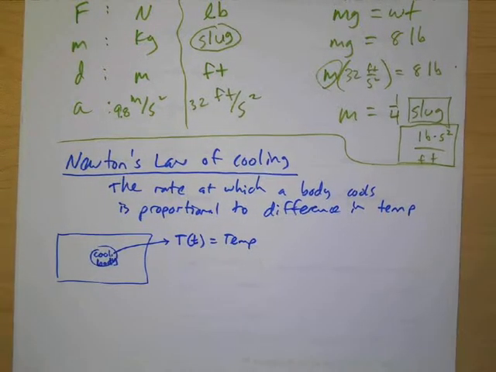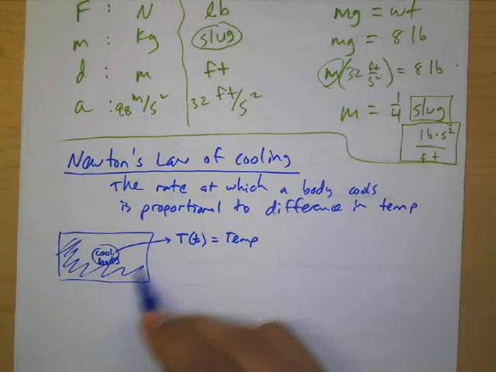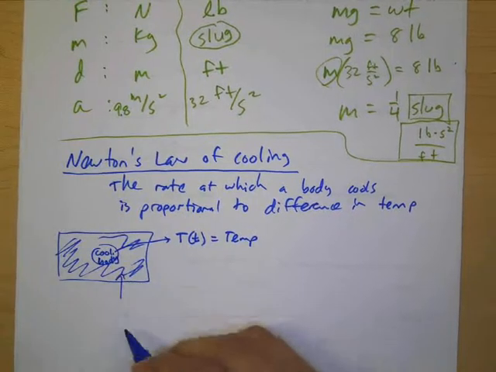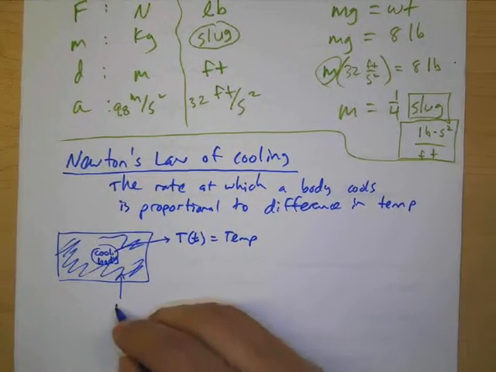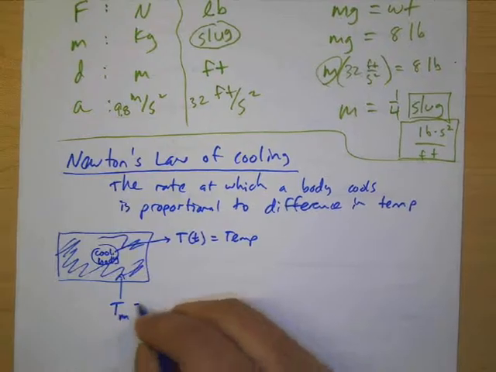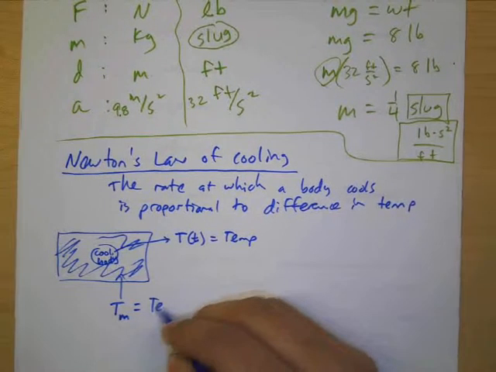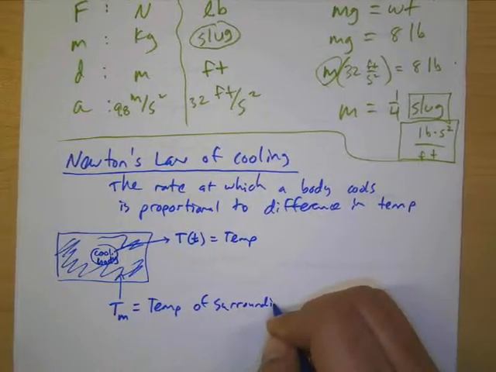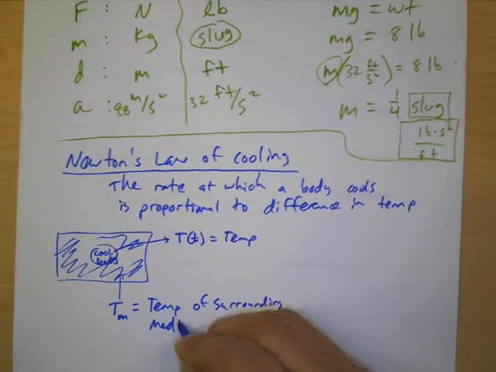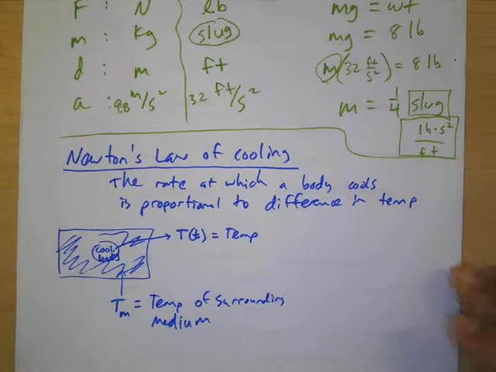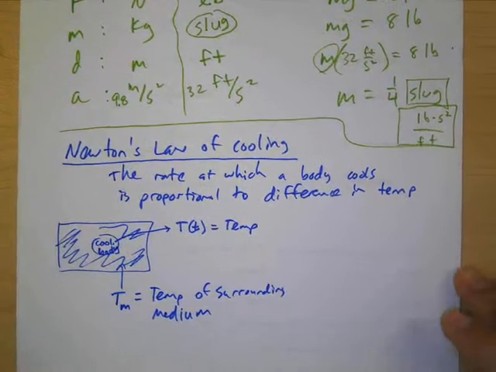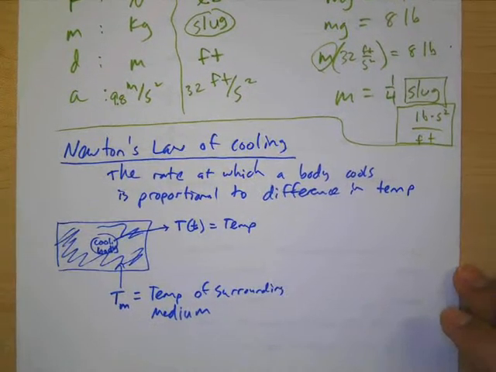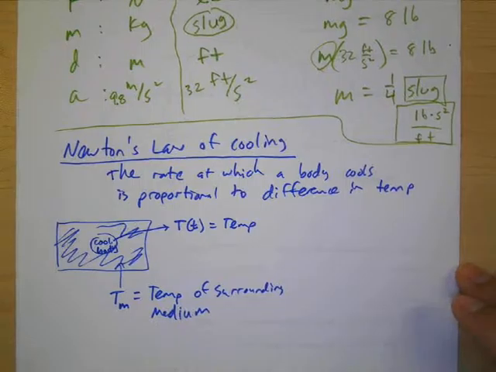Now, outside of that, we have some other temperature. We'll call it T sub m for temperature of the surrounding medium. Doesn't it cool until they equilibrate at the same temperature? Mm-hmm.